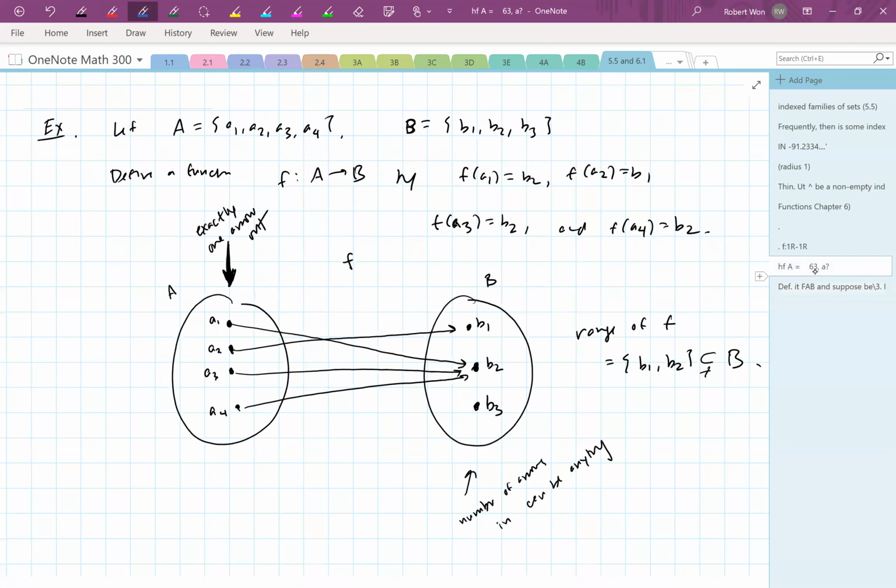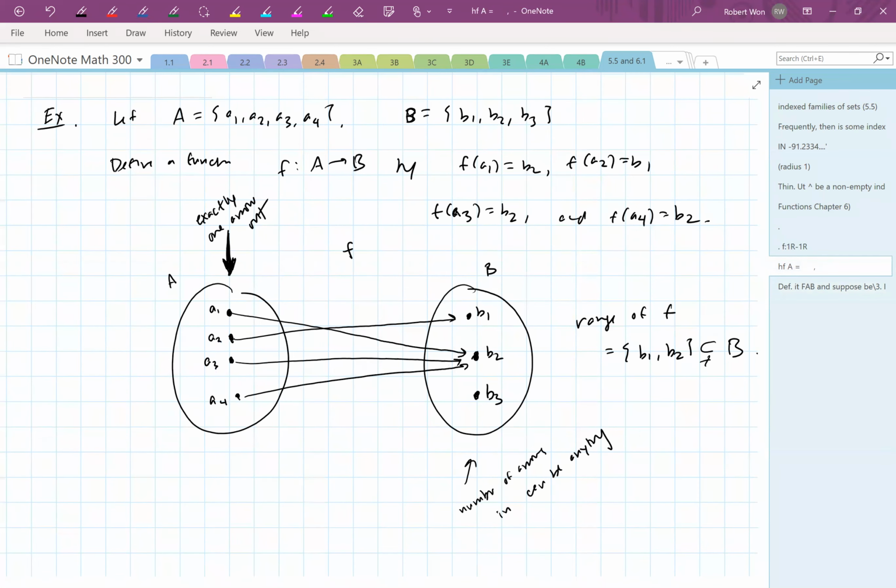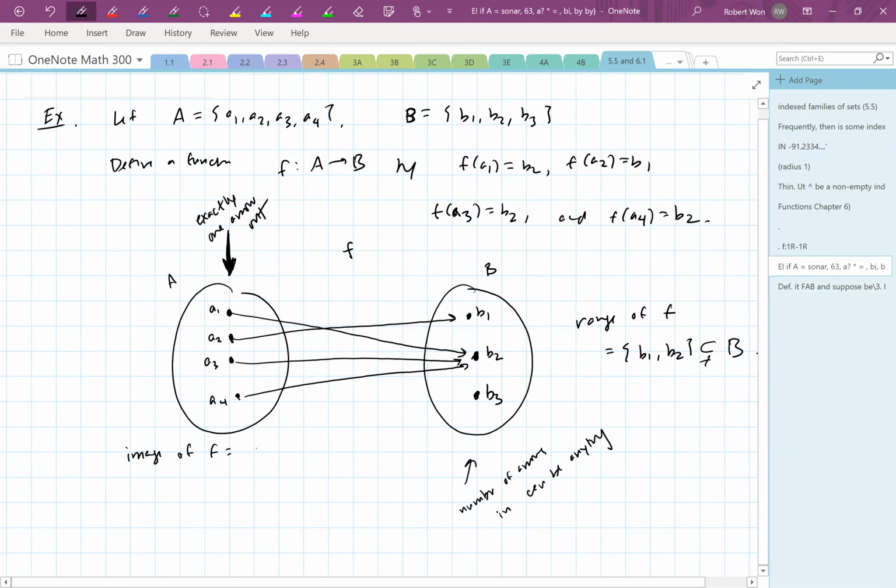So if we go back to this example, let's just list some features of this function. The image of f, that's the same thing as the range. That's B1, B2. I could say A4 here is a preimage of B2.